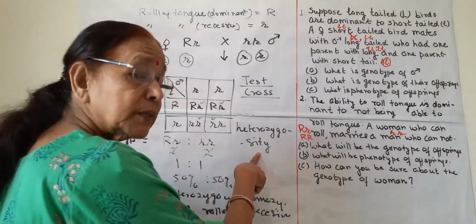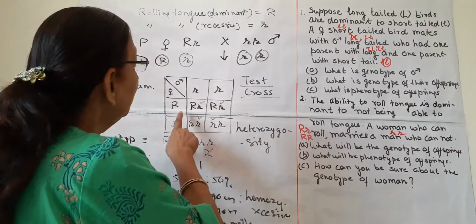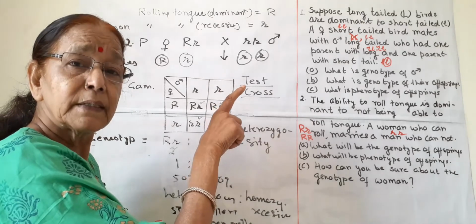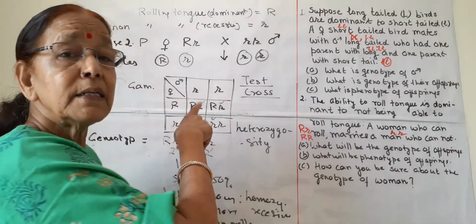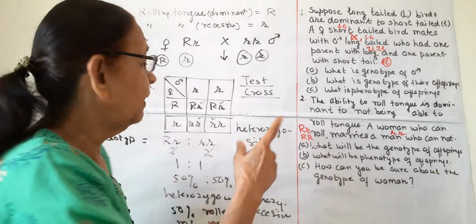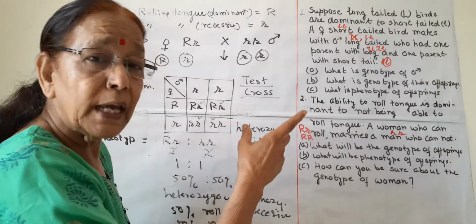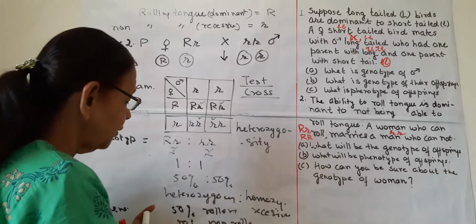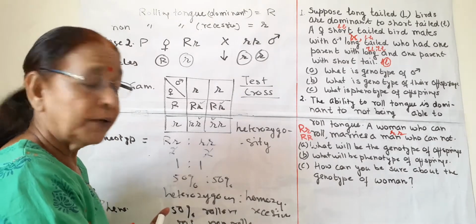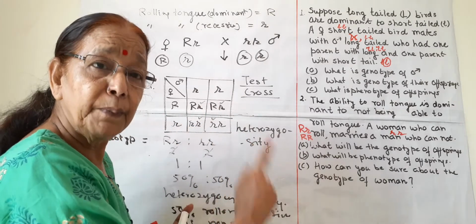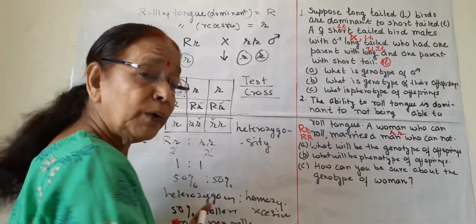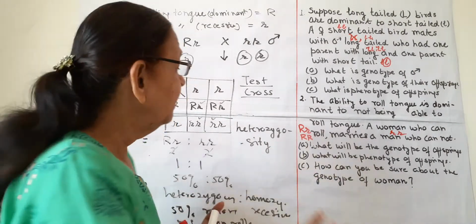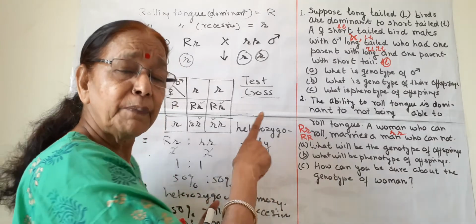How is the heterozygosity tested? If all the offsprings are same, all is to 0, then we will say it is homozygous dominant. And if it is heterozygous, then we will have the ratio 1:1. We cannot see the genotype. We can only see the phenotype. If the phenotype ratio is 1:1, then one of the parents is heterozygous.